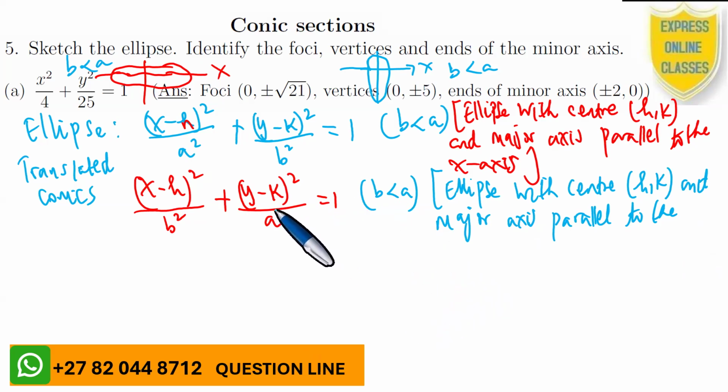Because now the y is bigger, it is parallel to the y-axis.